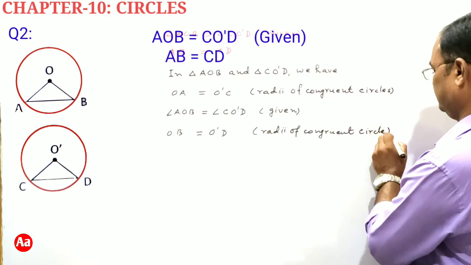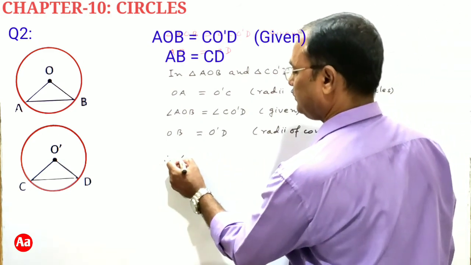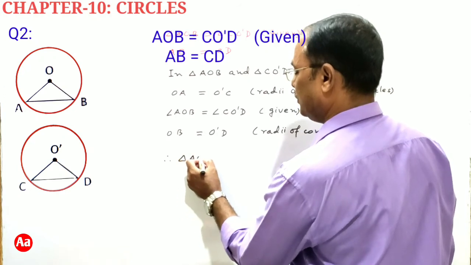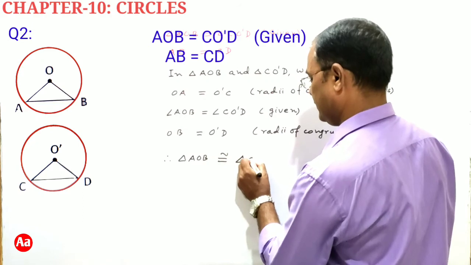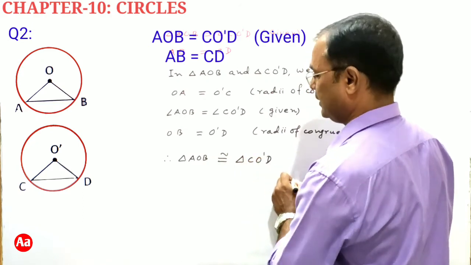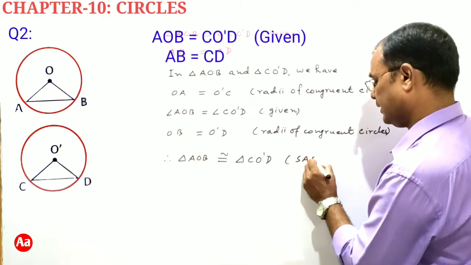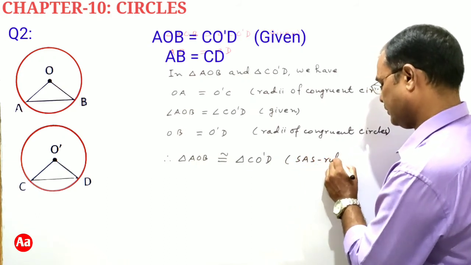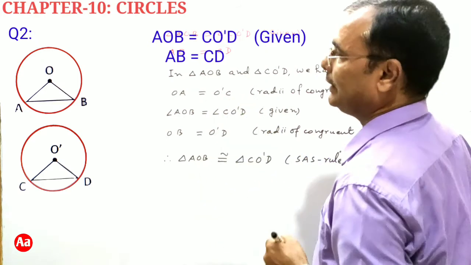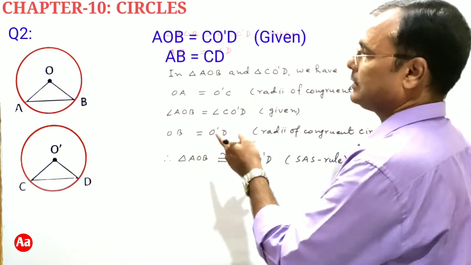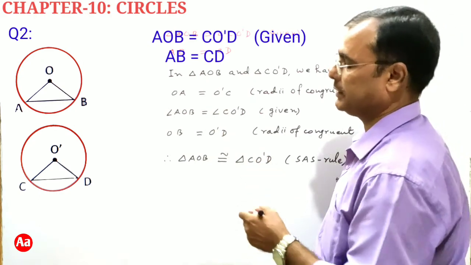Therefore, triangle AOB is congruent to triangle CO'D. By which rule? Side angle side congruence rule. Triangle AOB and CO'D are congruent.